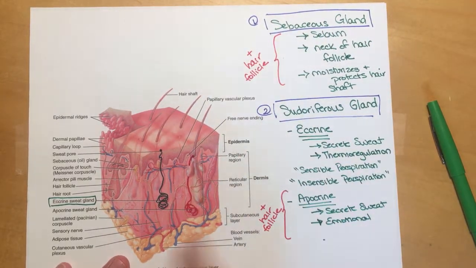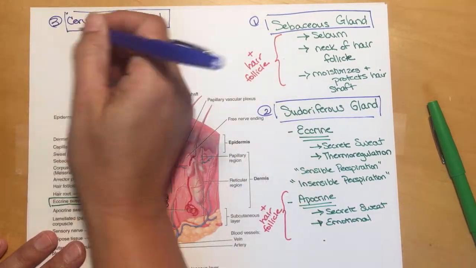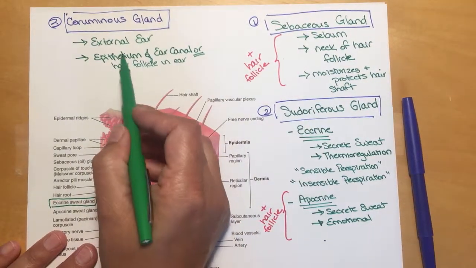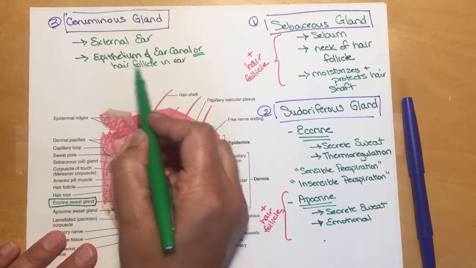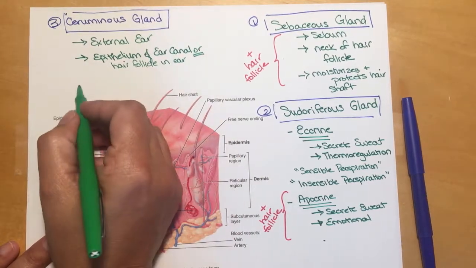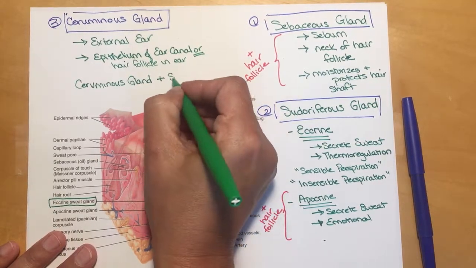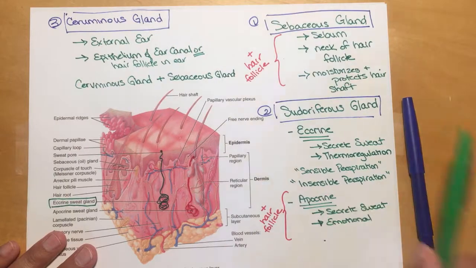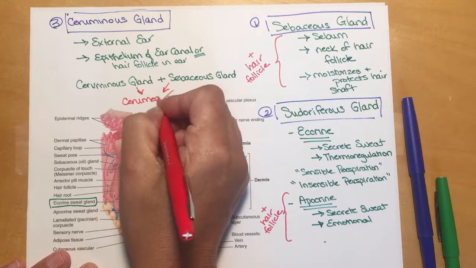Sudoriferous glands, there's two types. One is associated with a hair follicle, one is not. And we also have another type, which is called a ceruminous gland. So ceruminous glands are in the external ear. So these guys either open directly onto the epithelium in the ear canal, or sometimes they open into the neck of a hair follicle in the ear. And if you take the product of the ceruminous gland plus the sebaceous gland in the ear, you add those two things together, and you're going to get something called cerumen.